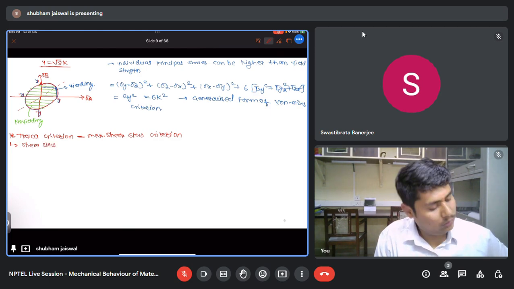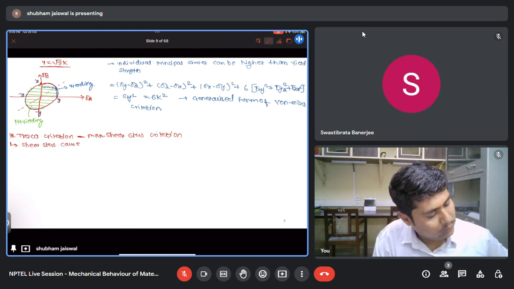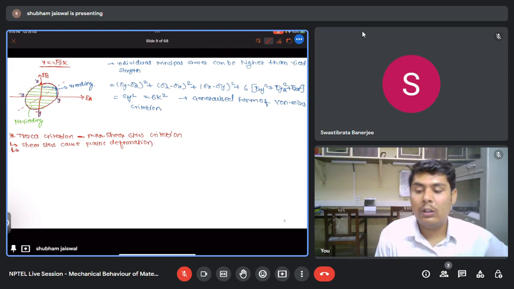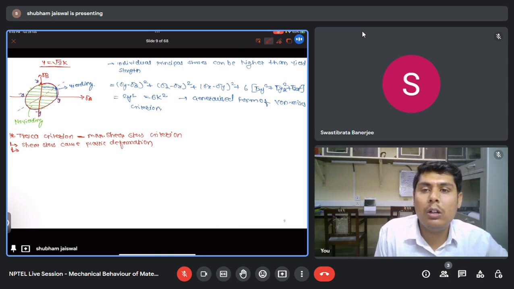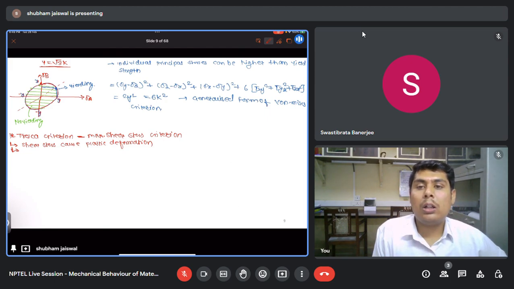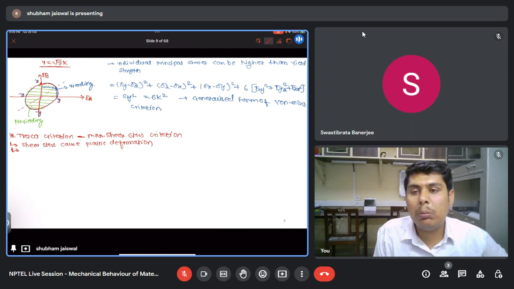The first assumption was that shear stress causes plastic deformation. And the second is that yielding will occur only when the largest shear stress reaches the critical value. There are several stresses applied on the material, but if the largest shear stress in the material reaches the critical value, or the yield value of the material, then only the material will deform.